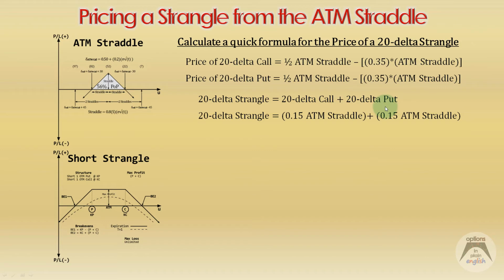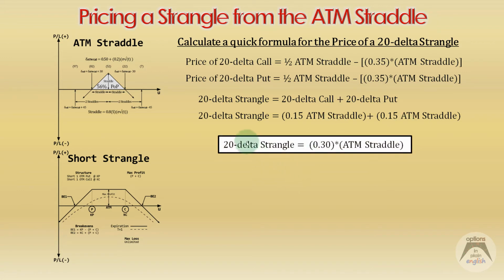The 20 delta put, likewise, is going to be 0.15 at the money straddles. So we arrive at the formula. The 20 delta strangle is going to be approximately, remember, these are all approximations, 0.30, so 30% of the at the money straddle.